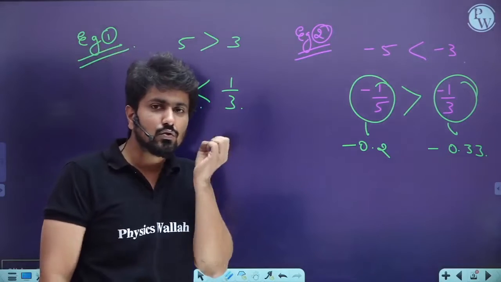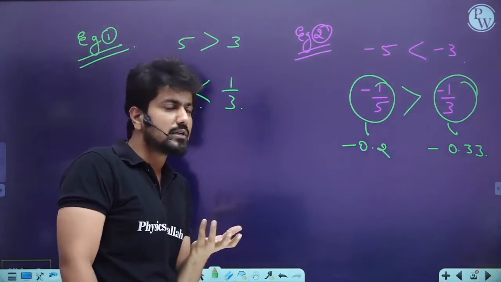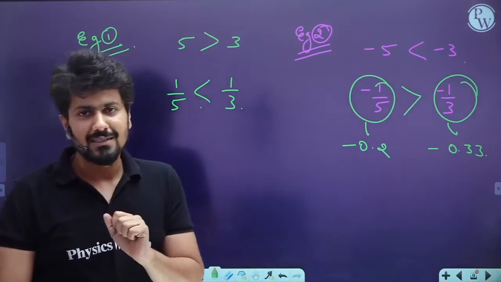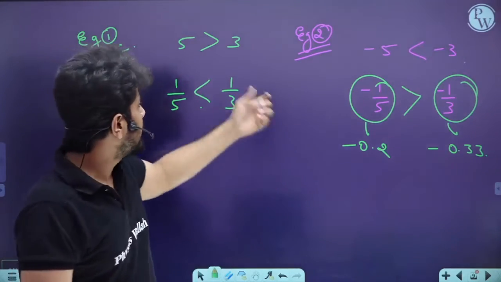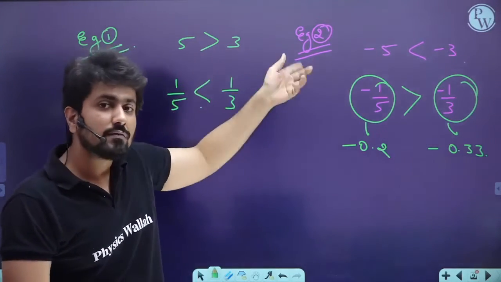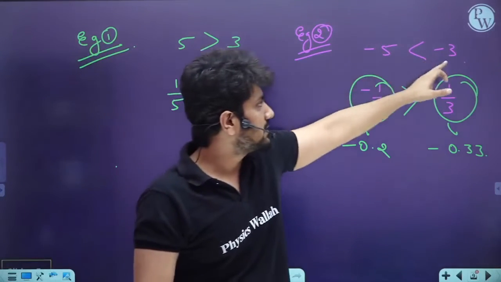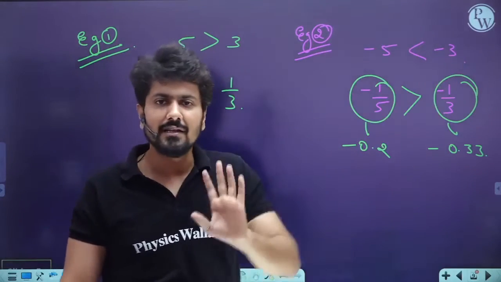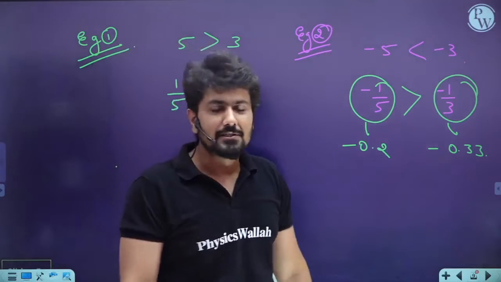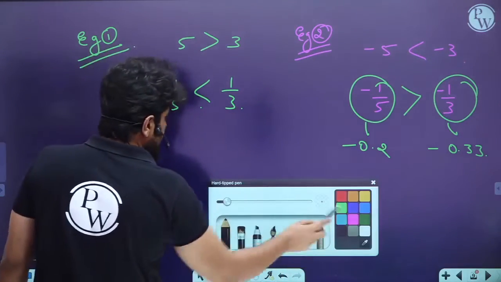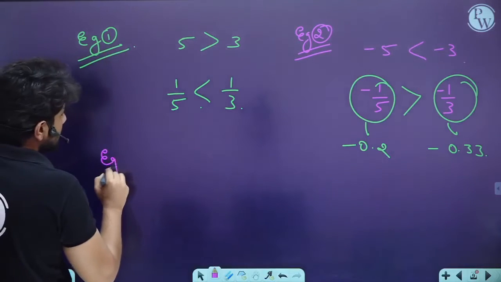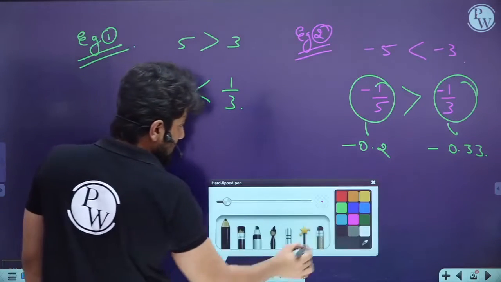This is the rule of reciprocal: the inequality changes, but only if both sides are of the same sign. Here both sides are of the same sign. This rule does not work otherwise.